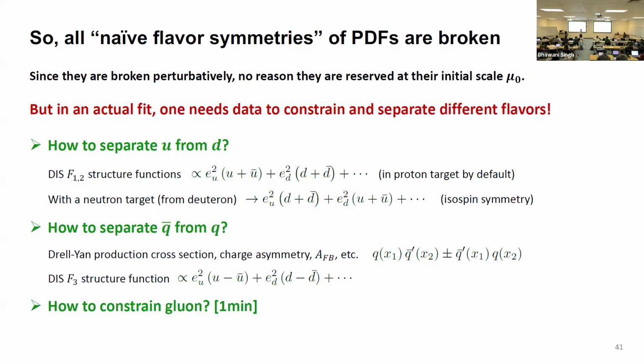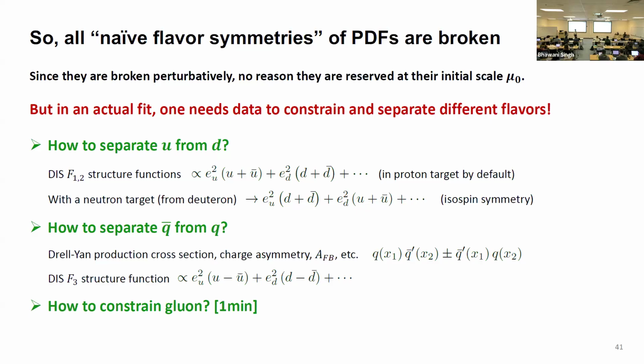And what about gluon? Gluon is very important in PDFs, and that's one major piece of knowledge we have gained from the global analysis in the past years. We learned that for a fast-moving proton, closely a half of the momentum is carried by the gluons.